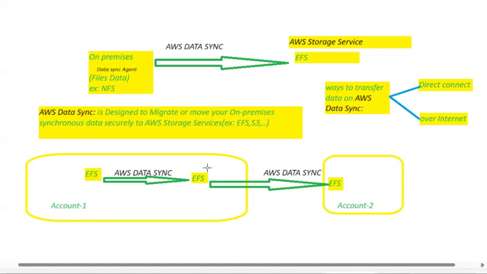Let's say I want to move my data between one EFS present in one account and another EFS present in another account. So is it possible to move or migrate files between two different accounts by using this DataSync? Yes, it is possible to migrate securely by using AWS DataSync between accounts as well, between file systems.